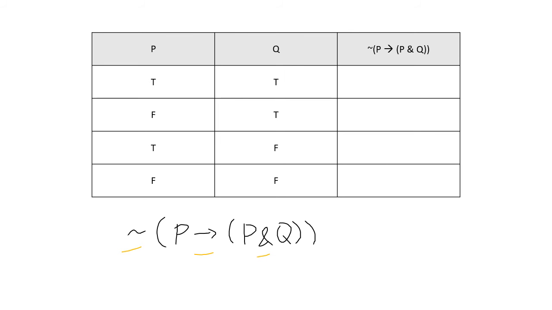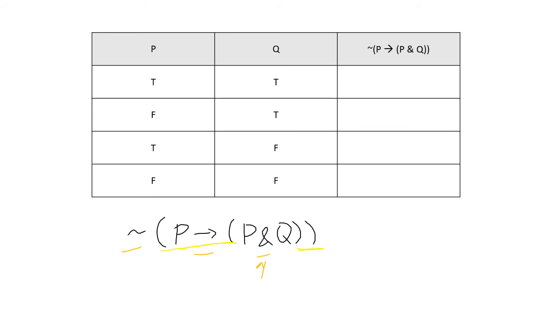Now, it might be easiest to understand that the smallest operator is going to be the one that's within the most parentheses. Well, the one that's within the most parentheses is this ampersand right here. It's got 2 here and 2 here.